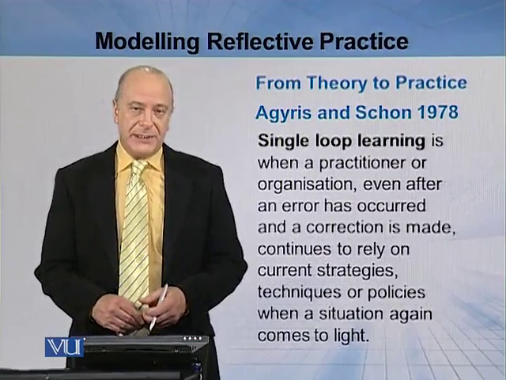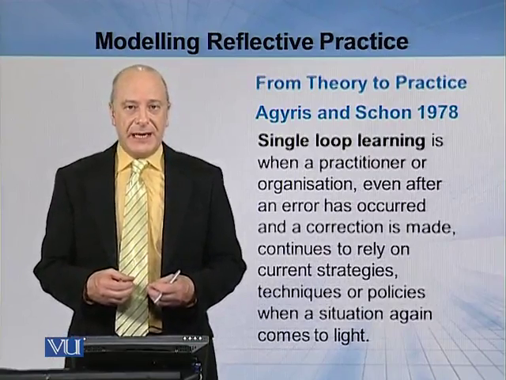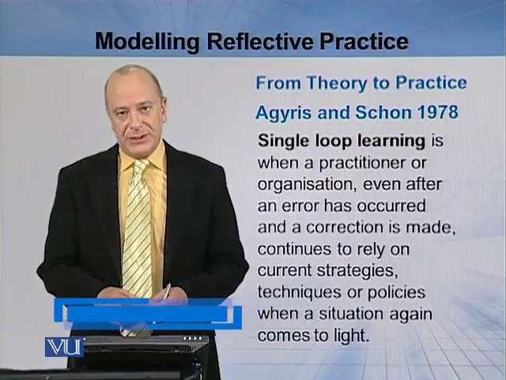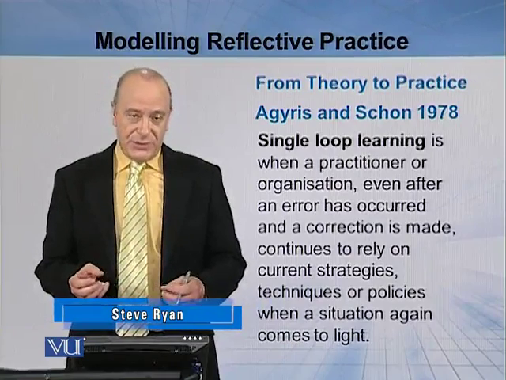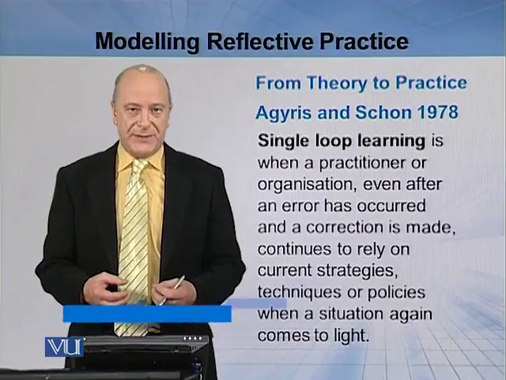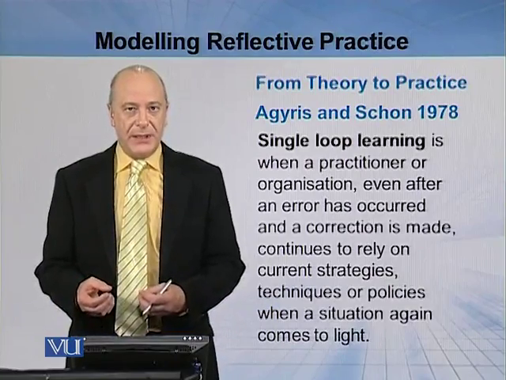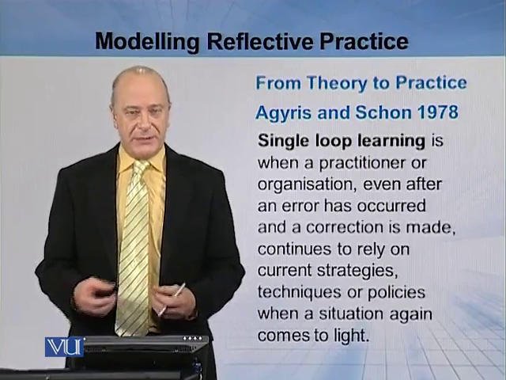Single loop learning is about the practitioner reflecting and then acting in relation to something which they experience in the classroom. It relies on standardized techniques, practices in order to solve a problem, and does not change those techniques or practices at any particular point.